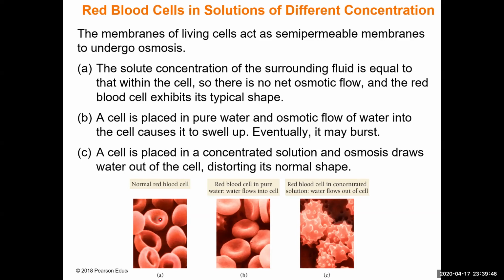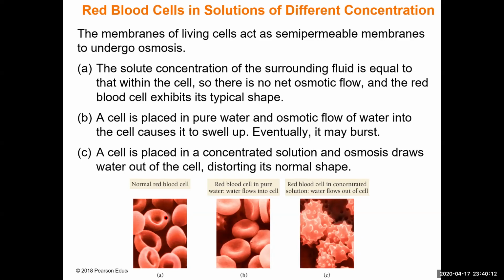So although there might be flowing of water in and out of the semi-permeable membrane, the flow of water in and out is equal. So there is no net osmotic flow. And the blood cells will exhibit their typical shape.